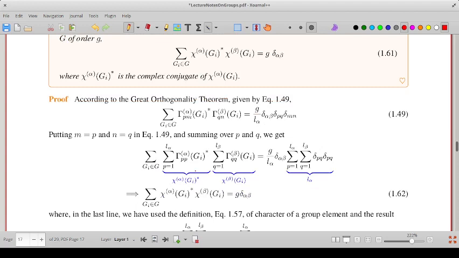Now, to relate it to characters, we first put n equal to p and n equal to q in equation 1.49, that is this equation.